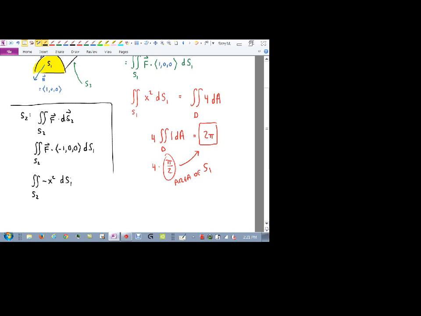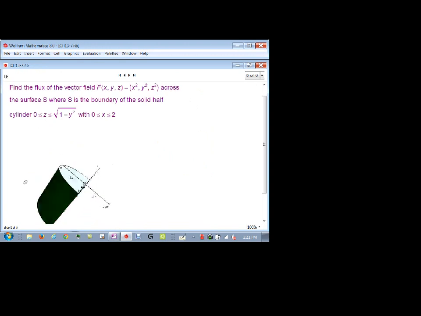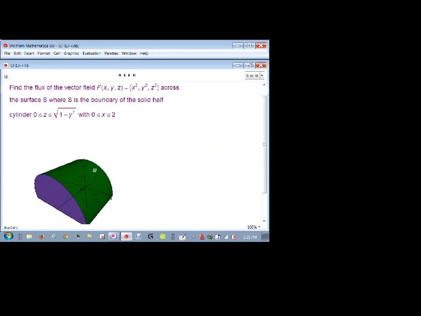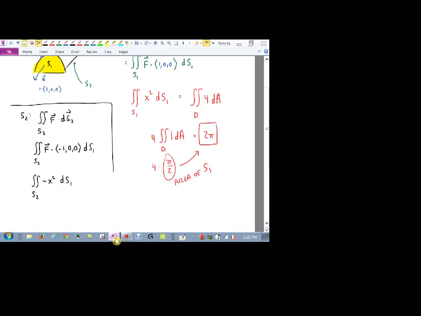Because we're on S2, x is 0. On that backside, the x coordinate is always 0. So this is just 0.